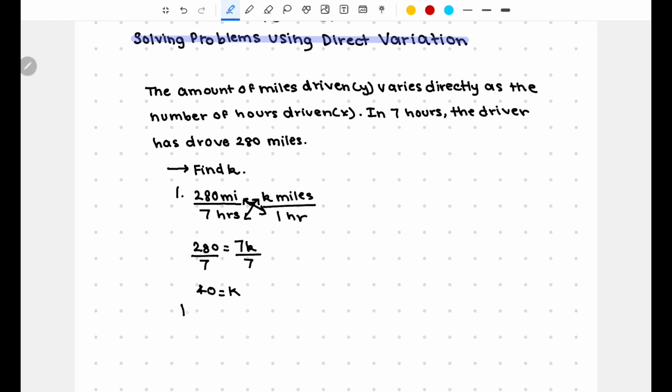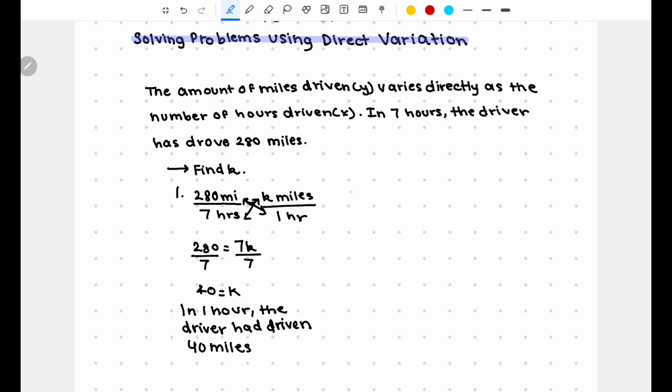So in 1 hour, the driver had driven 40 miles. And since it's constant, every single hour he drove 40 miles.